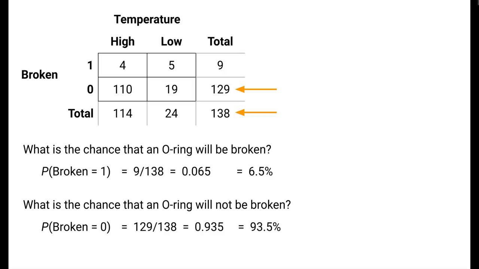In comparing the chance of being broken to the chance of being unbroken, it's actually useful to introduce a new concept, a concept called odds. If P is the probability of an event, then the odds of that event is P over 1 minus P. The odds can be interpreted as the answer to the question, how much more likely is the event to happen than to not happen?